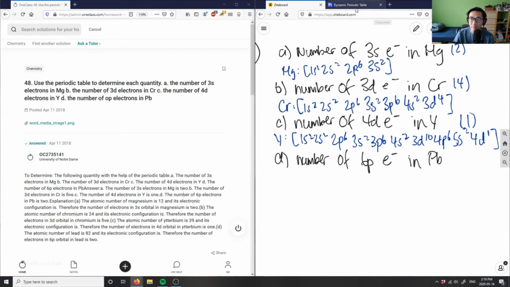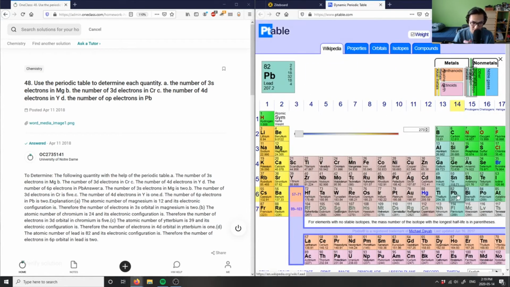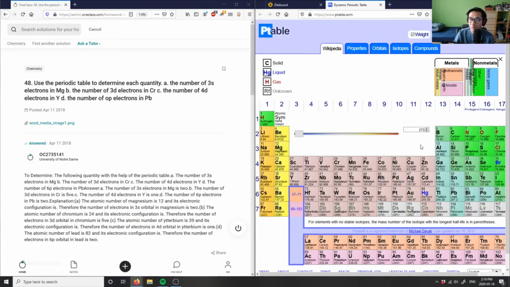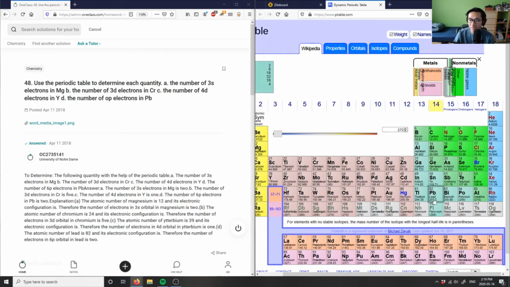And finally, Pb is all the way down here. It's asking us for the 6p electrons. I'm not going to write the configuration because it's pretty long here. But this is a 6p orbital. Here, the p orbital starts again at thallium. So this is 1p, 2p, 3p, 4p, 5p, and this here is 6p, right?